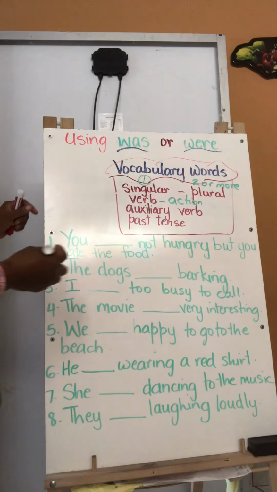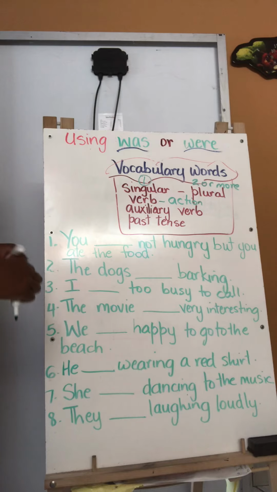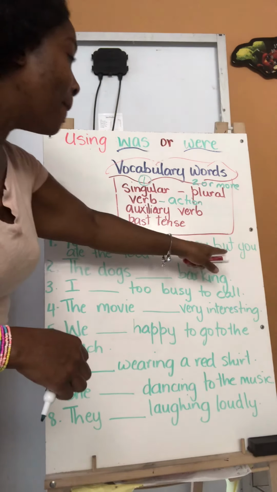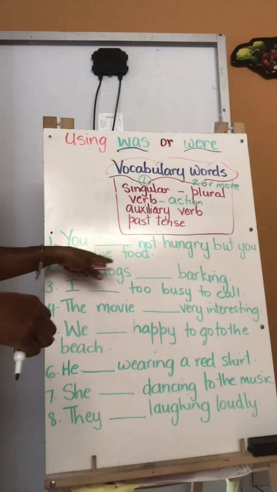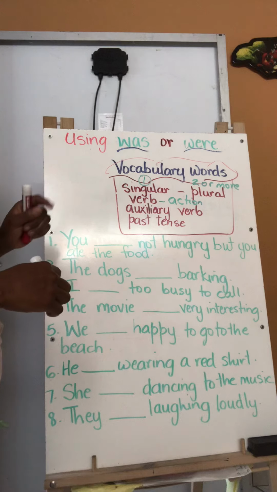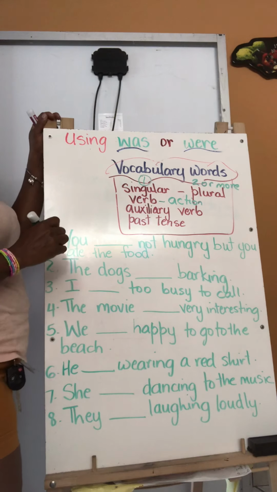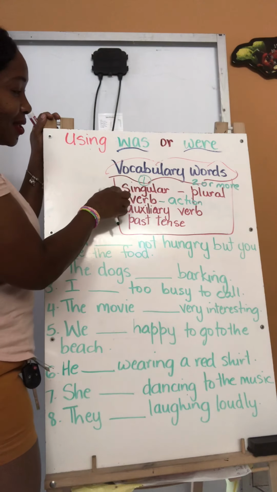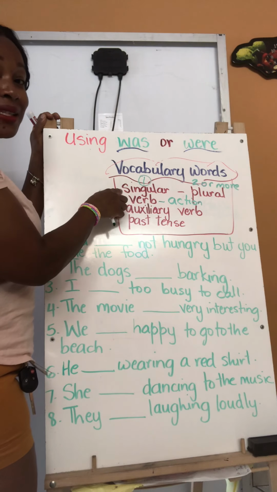Good. Now, the first sentence. You blank not hungry, but you ate the food. Now, let's go back to our auxiliary verbs. It's just two, was and were. Now, was is used when we're referring to one, singular.